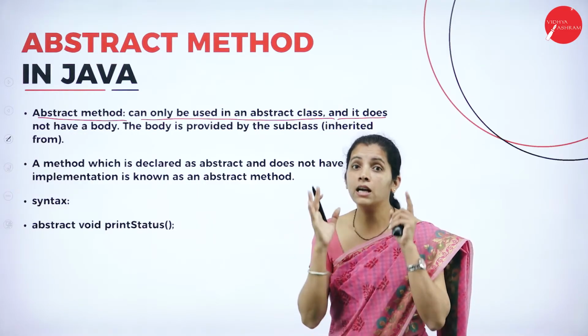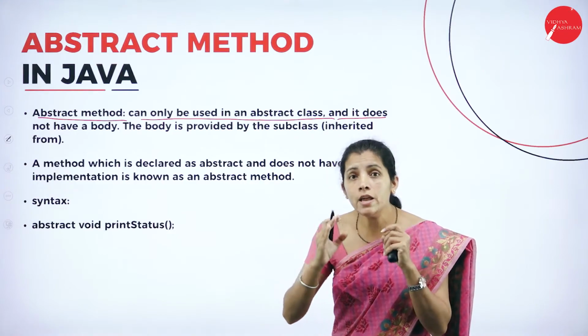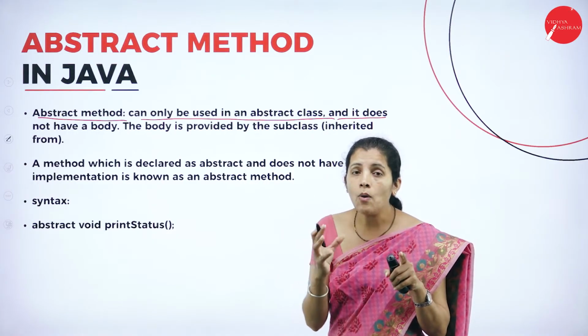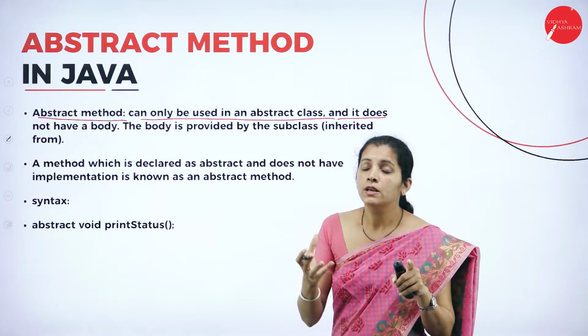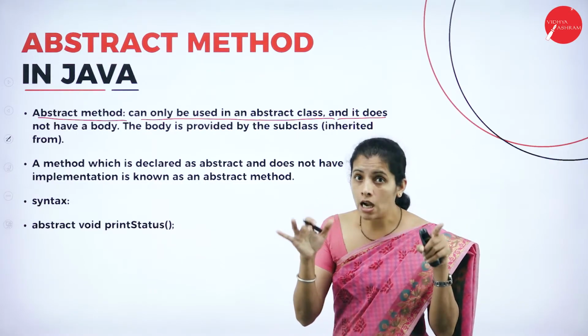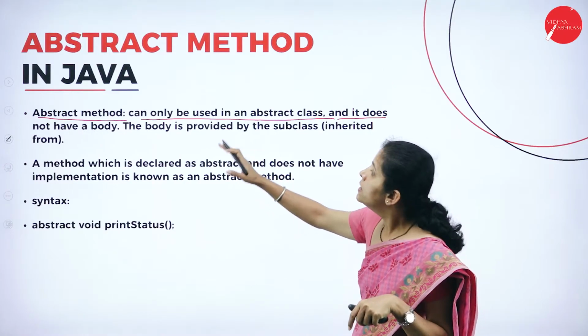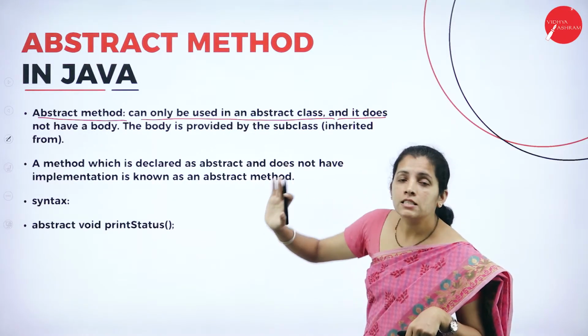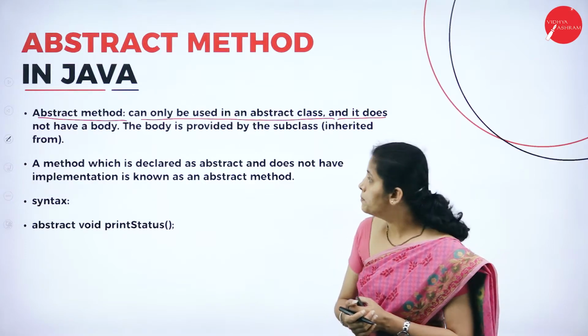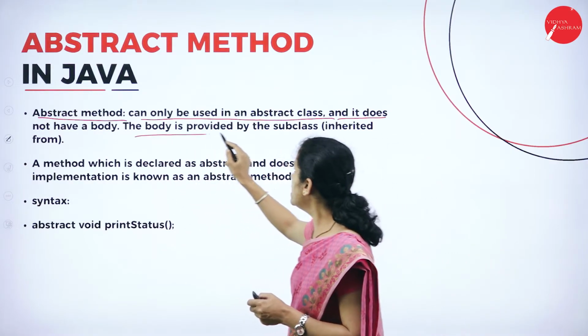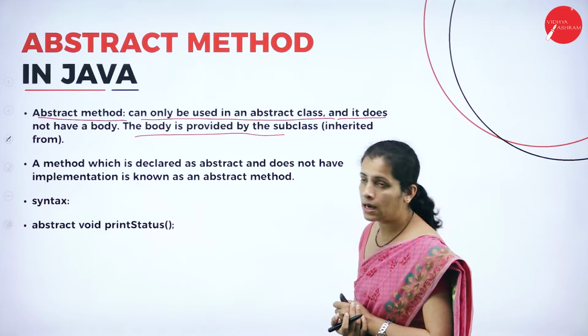That means I'm having a car chassis or any vehicle chassis, and now I'm going to design. Having only the chassis is called abstraction. So here an abstract method does not contain any body. The body is provided by the subclass.